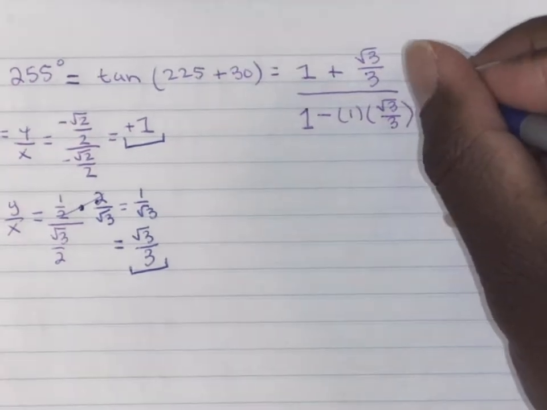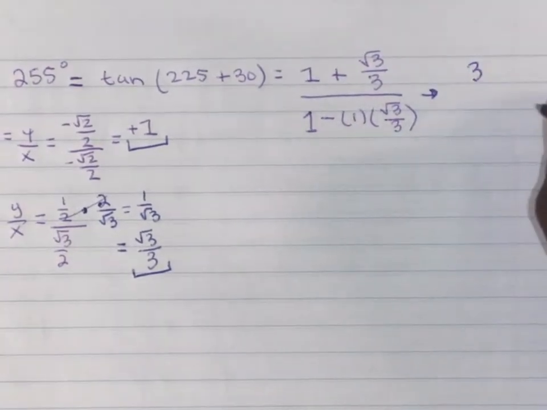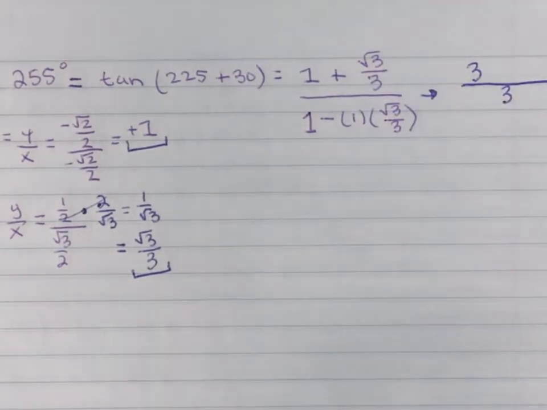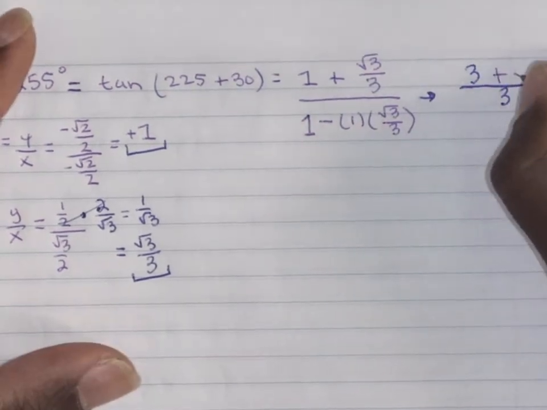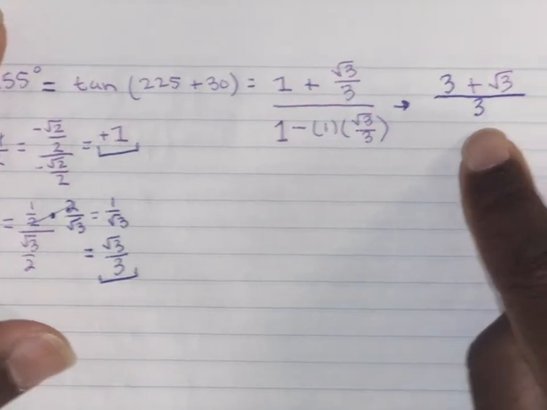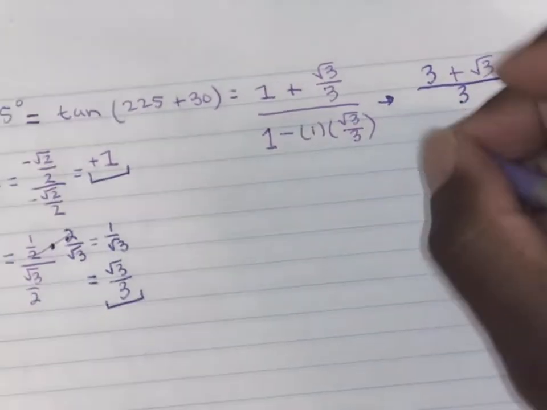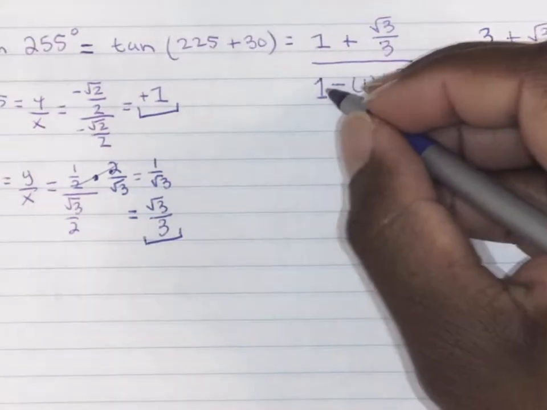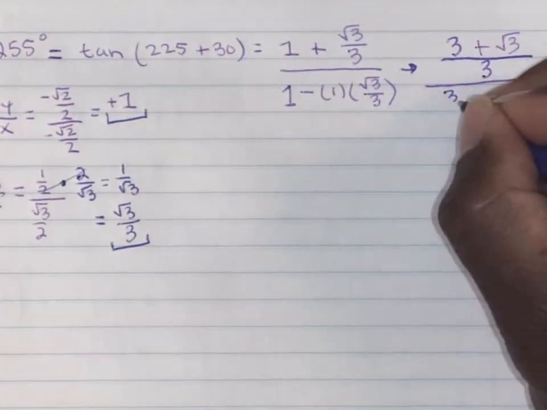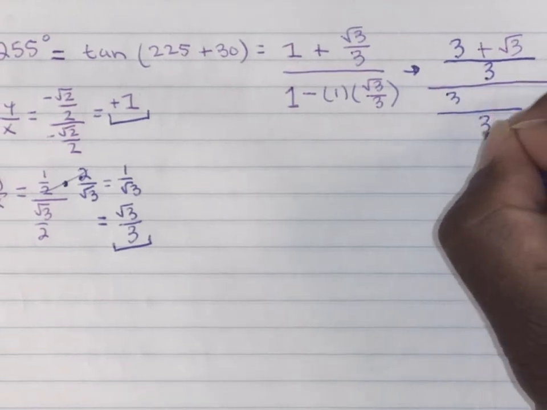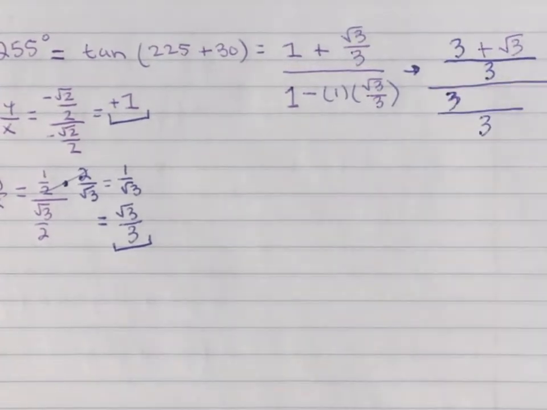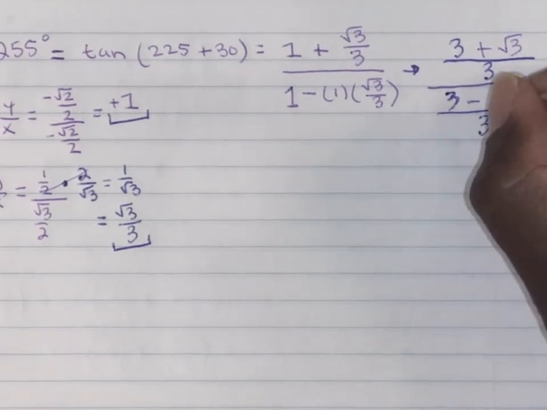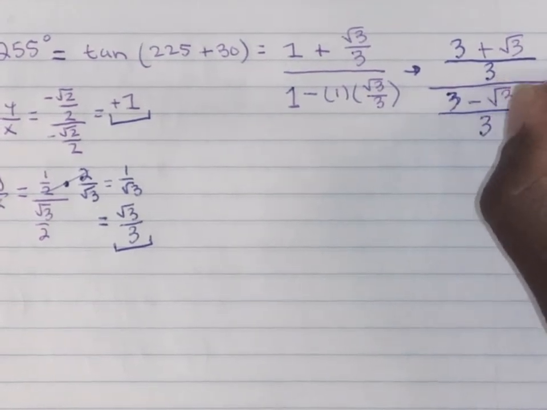So what I mean is do 3 over 3, which is 1, plus root 3 over 3, which is what I already had, and that's my fraction on the top, divided by this one I'll change to 3 over 3 also, and then this is minus root 3 over 3.